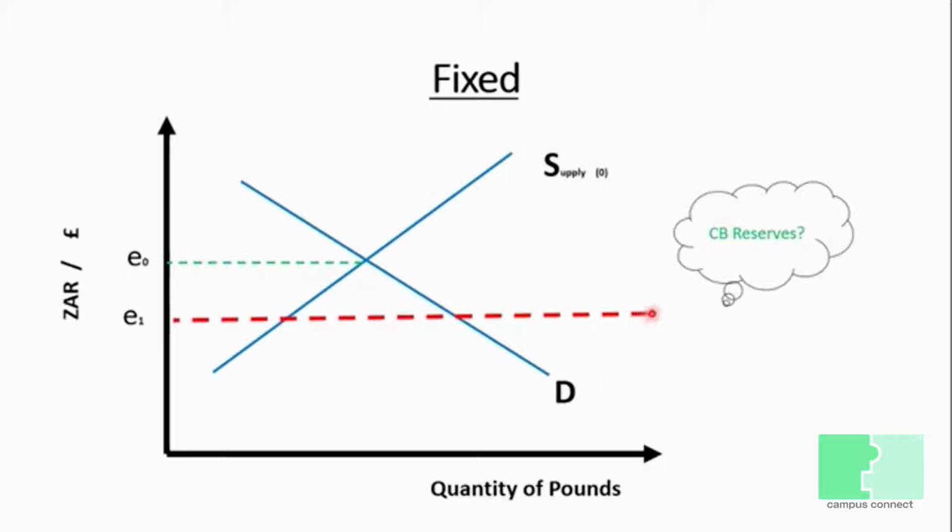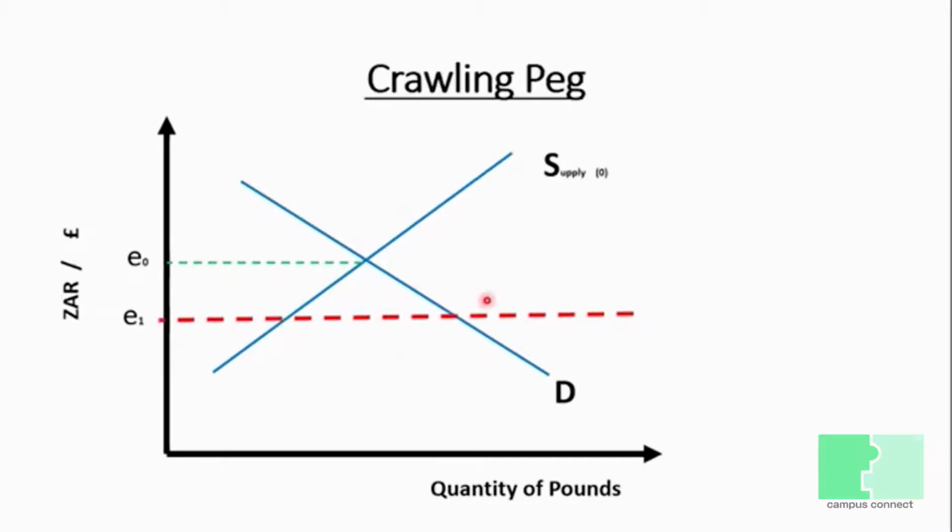Your central bank will either increase or decrease its reserves in order for the economy to attain this exchange rate right here. Your crawling peg exchange rate is the exact same thing as your fixed exchange rate, except that the exchange rate has a time path. So the central bank will decide that the exchange rate should be E1 in 2 months, 6 months, a year, whatever the central bank deems to be necessary.